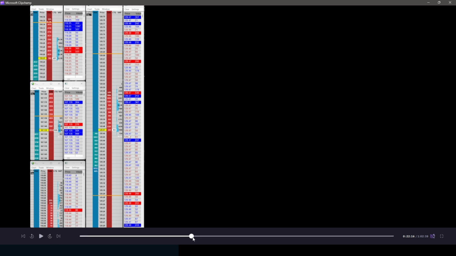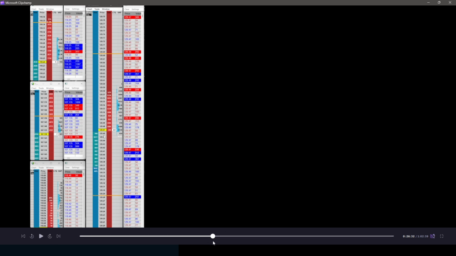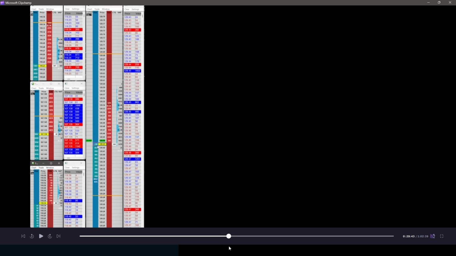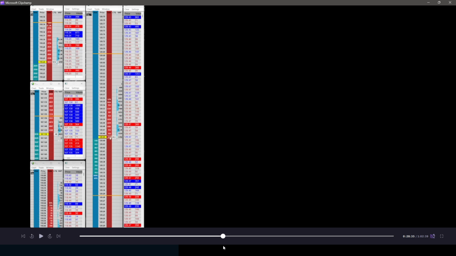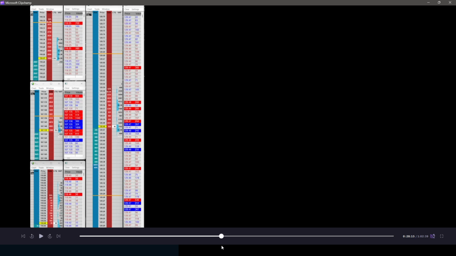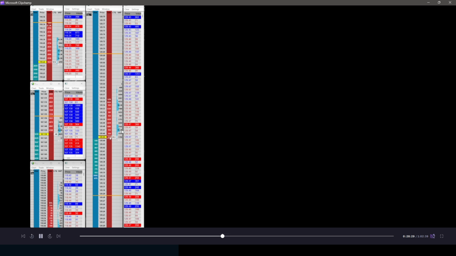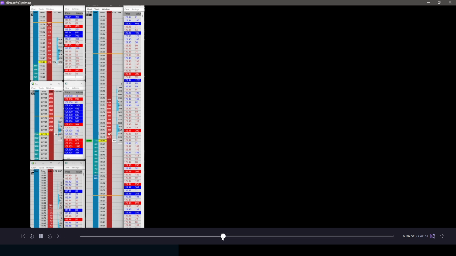So we have another trade that was being recorded right here. So as the market has broken this little zone right here, you want to look at the bid and see if there is another spoofer that is sitting right here.